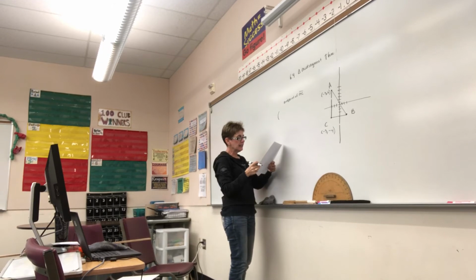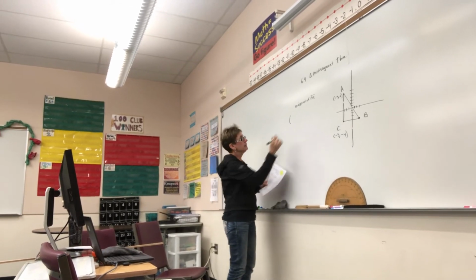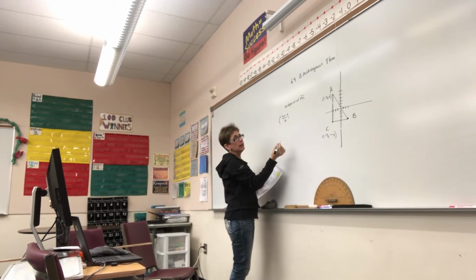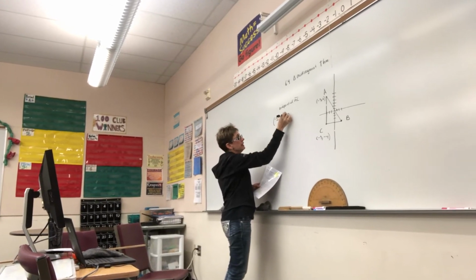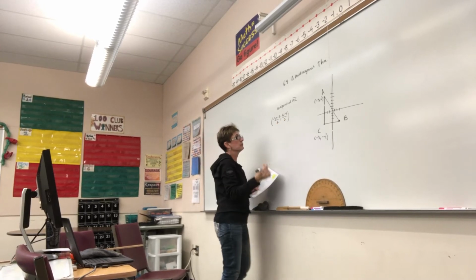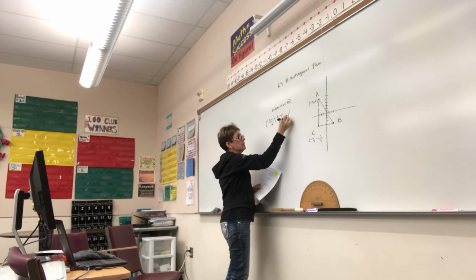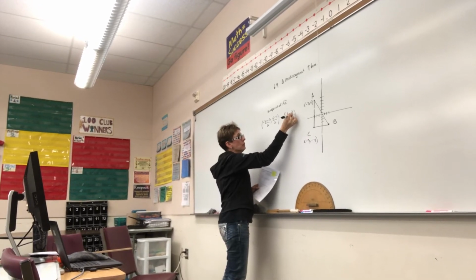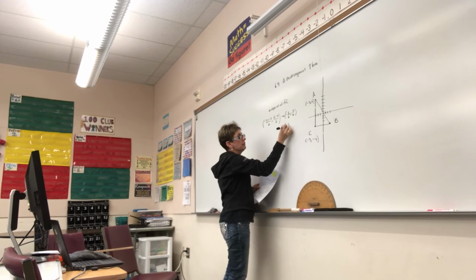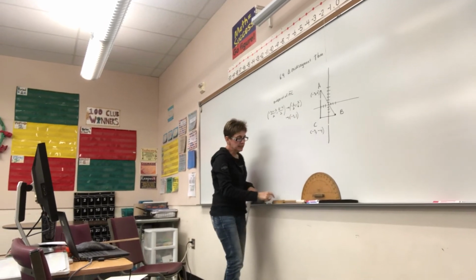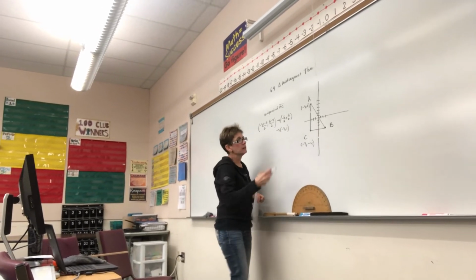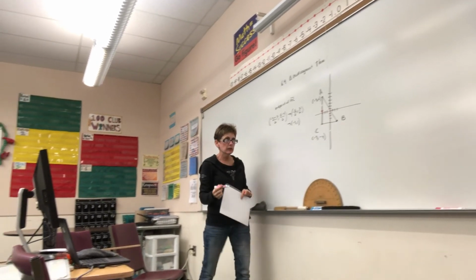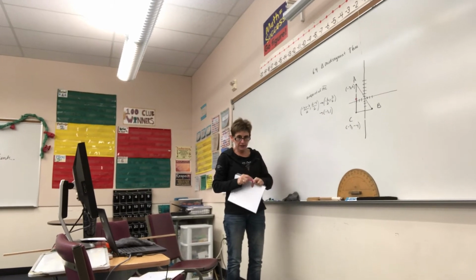So for AC, I've got -3 plus -3 over 2, and then 6 minus 4 over 2, which becomes -6/2 and 2/2, or -3, 1. Let's see if visually that makes sense. If we go 3 to the left and 1 up and put a dot, it does look like that would be the midpoint of side AC.